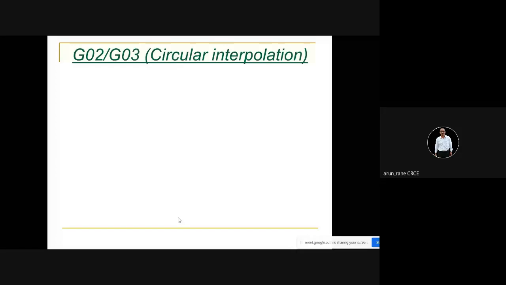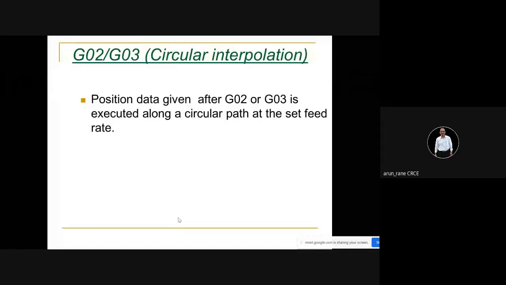So here the tool moves along a circular path as given in the program.